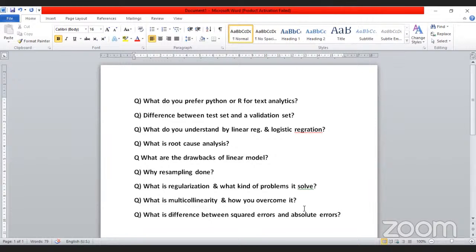Okay, so do you understand? Squared error is the squared value of our errors, meaning the difference between estimator and estimated. And absolute error measures how close our predictors are to our actual outcomes.